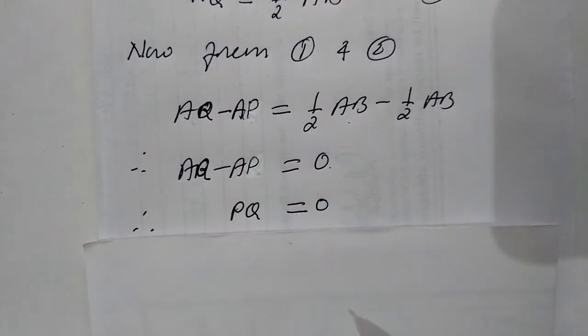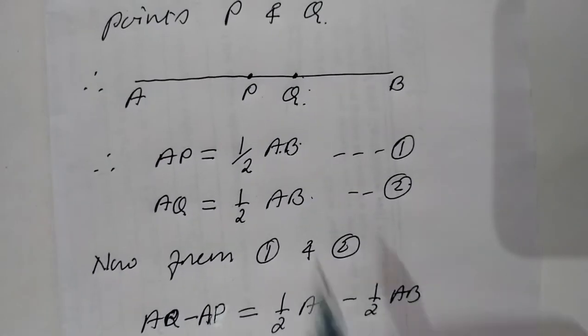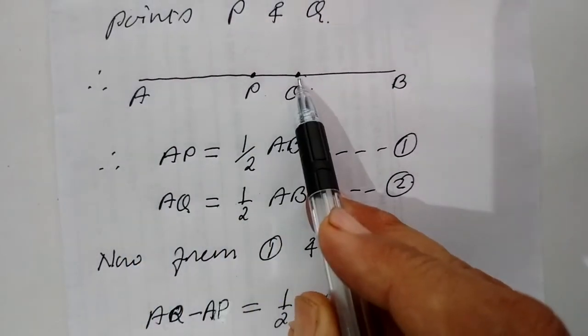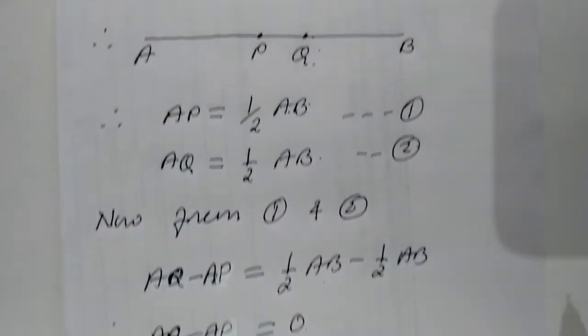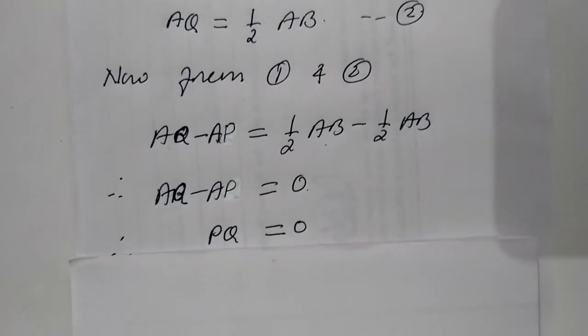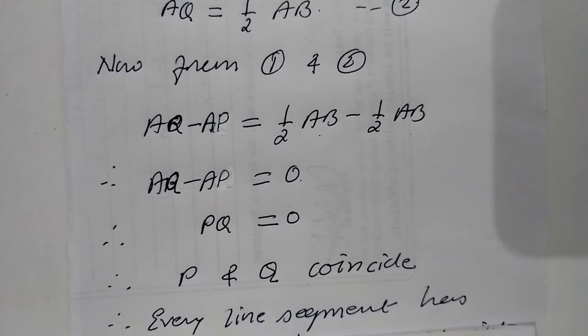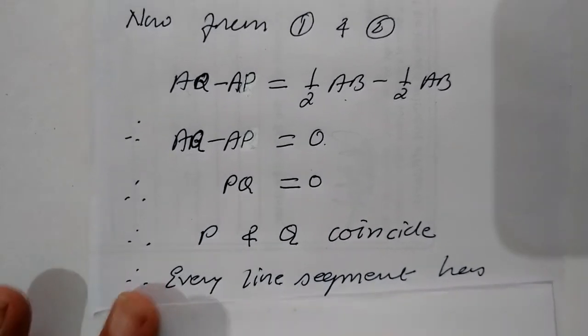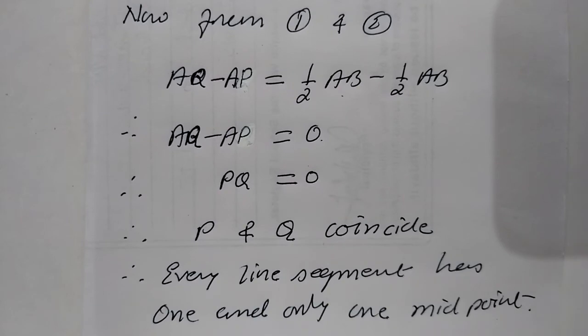AQ minus AP, you can see that in diagram, it is PQ. So PQ equal to 0. Therefore P and Q coincide. Therefore every line segment has one and only one midpoint, children. Understood?